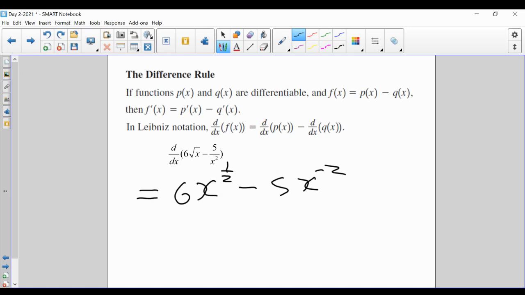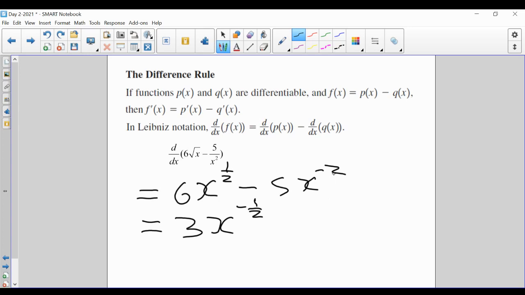So the first one had an exponent of a half, and the second one has an exponent of minus 2. And there's a minus sign in between them. So here comes my derivative. A half times 6, of course, is 3. So it's 3x to the power of, well, I have to take a 1 from that half. So I'm going to call this minus a half, right? So 1 minus a half is obviously minus a half.